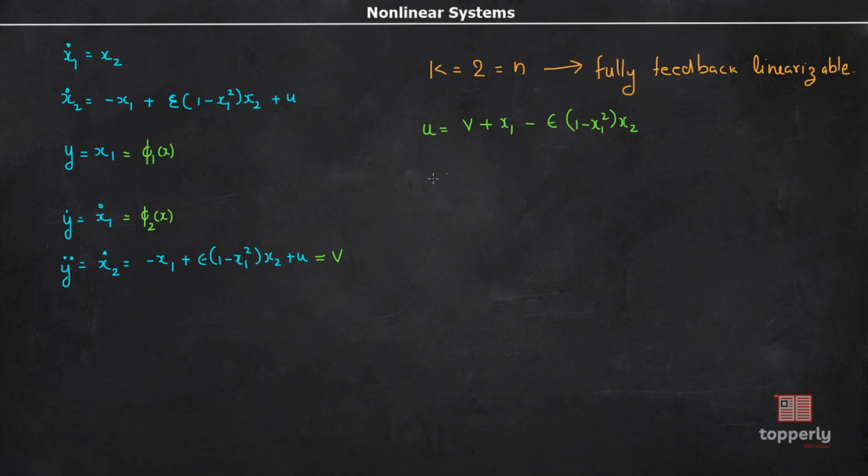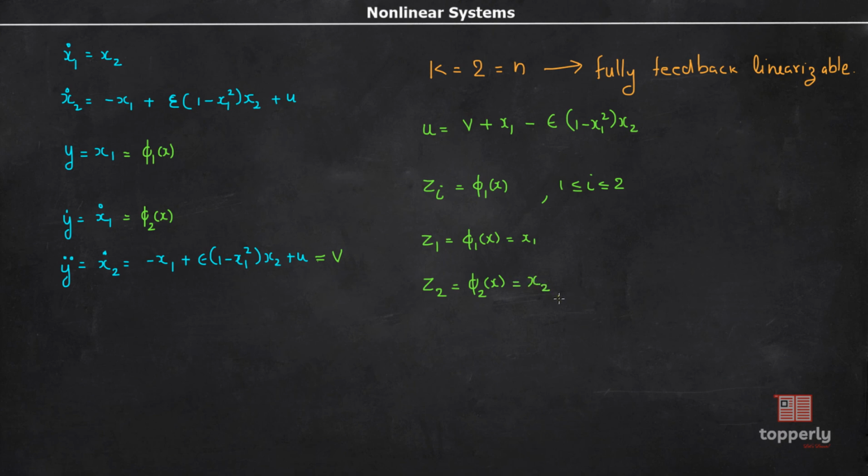And we set zi equal to phi i of x, where 1 less than or equal to i less than or equal to 2. Therefore, z1 is equal to phi1 of x, which is x1, and z2 is equal to phi2 of x, which is equal to x1 dot, and we know that x1 dot is equal to x2, therefore z2 is equal to x2.